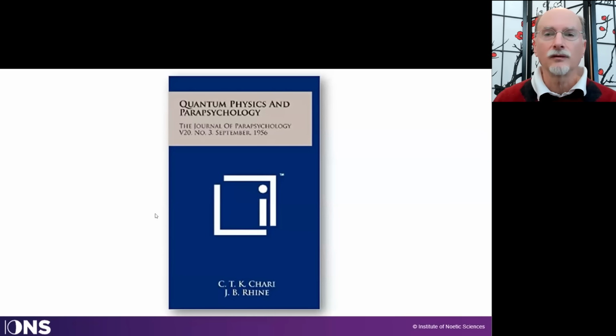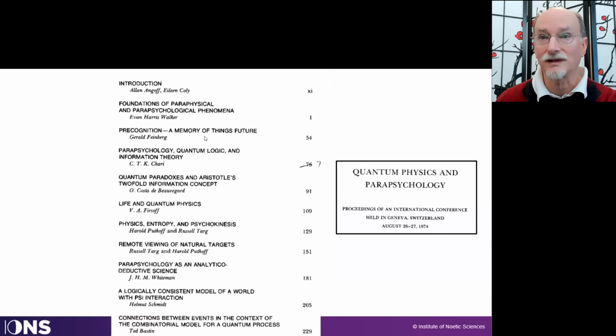Now, within parapsychology, people have been discussing these kinds of ideas, the relationship between quantum physics and parapsychology, since the 1950s. So this was a Journal of Parapsychology issue that reported on a conference about this topic.